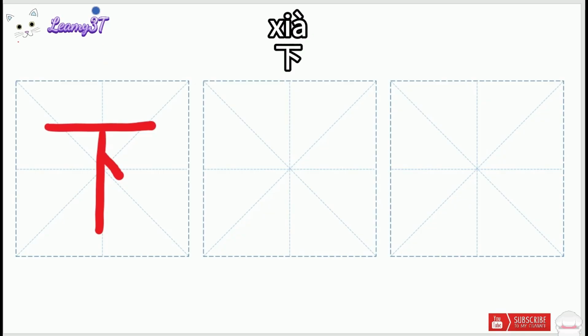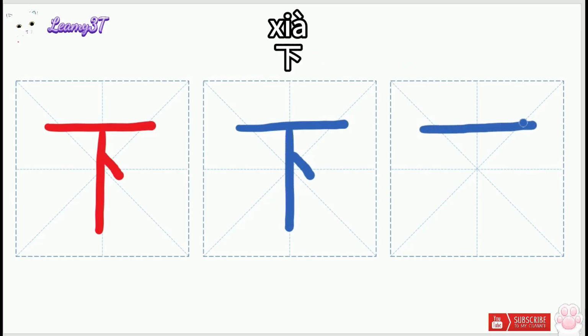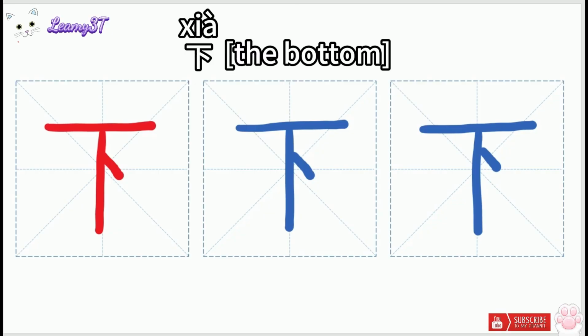Good, good. Heng, shu, diǎn. Good. And the last time. Heng, shu, diǎn. Very good. Okay, this character is xia. Xia. It can mean the bottom.